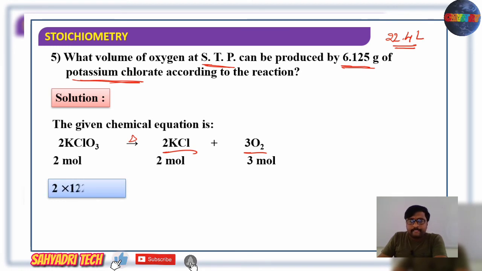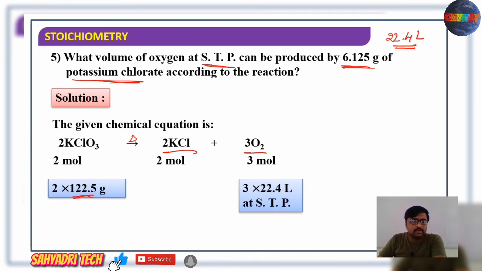Here the molecular mass of KClO3 is 122.5. So 2 moles means 2 into 122.5 gram of KClO3, on decomposition, produces 3 moles of O2 gas.